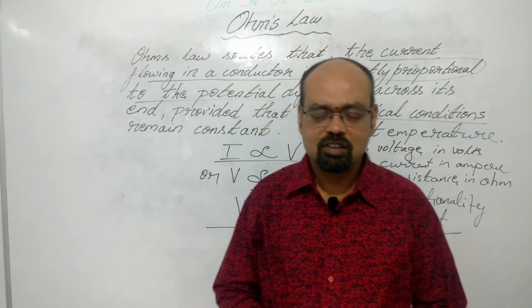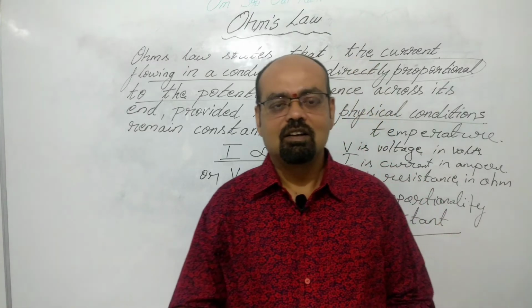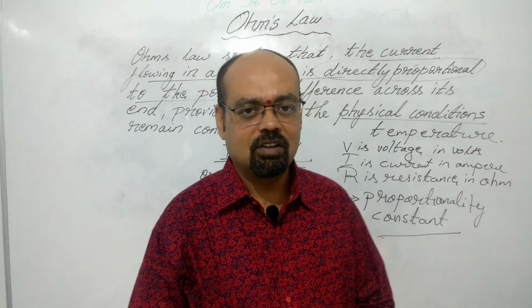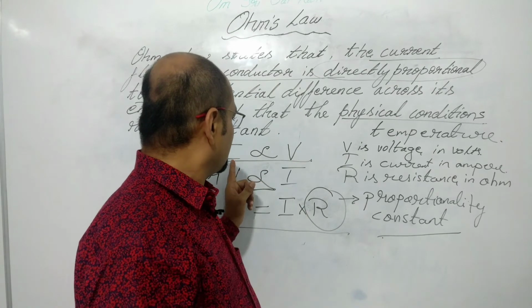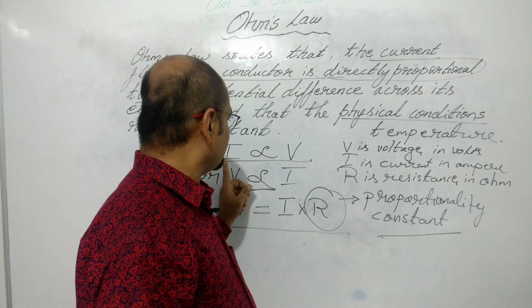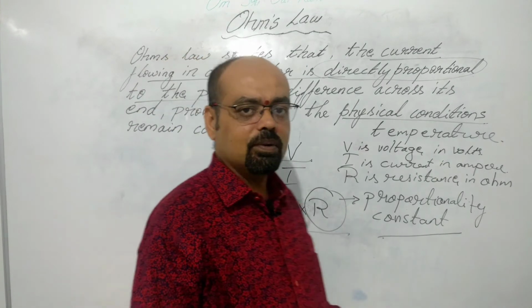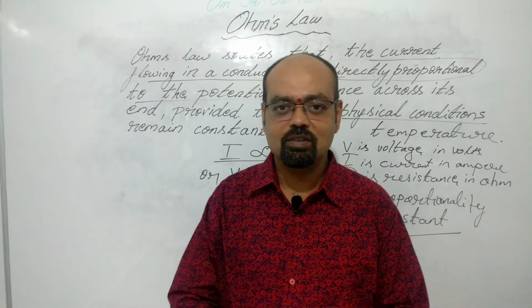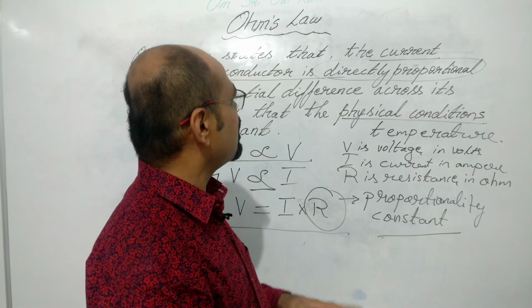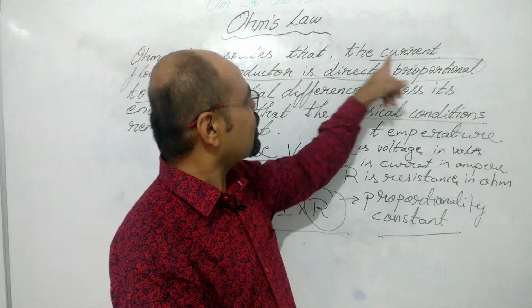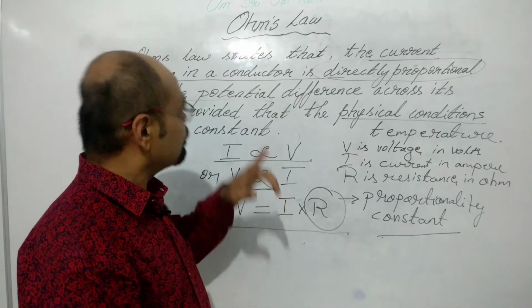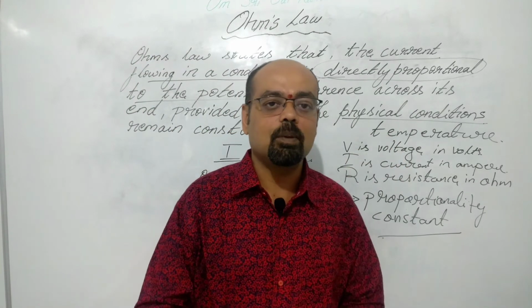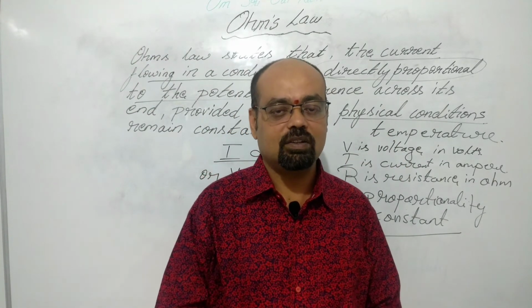So students, in general, you have to remember that potential difference is directly proportional to current, or current is directly proportional to potential difference. In these two, we should be careful that we always state that the current flowing in a conductor is directly proportional to potential difference.